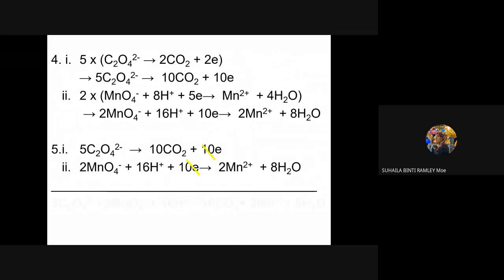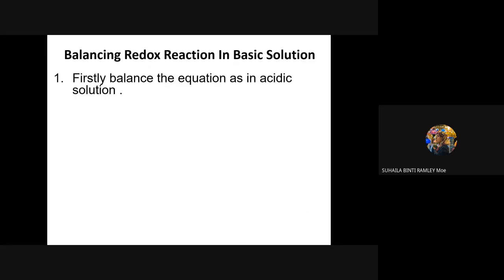Okay, so next kita pergi untuk balance redox reaction in basic solution. So basic solution, okay, kalau ion H plus, the presence of H plus ion indicate dia ialah in acidic solution. So kalau basic solution by hydroxide, OH minus ion.